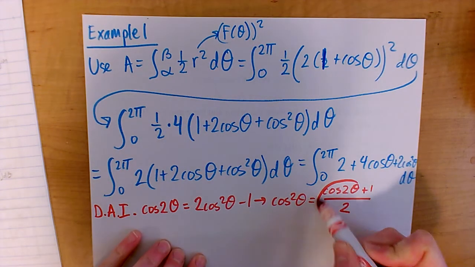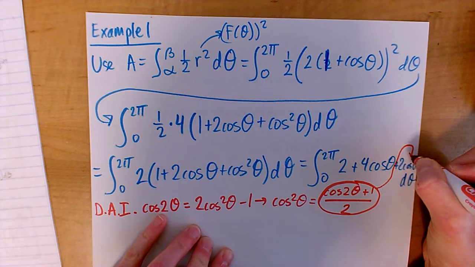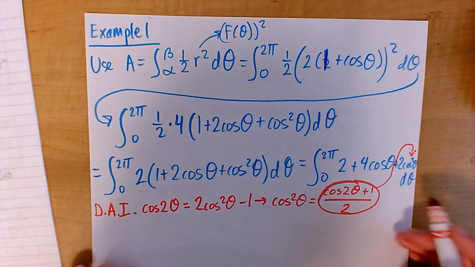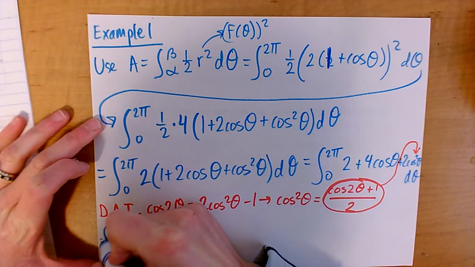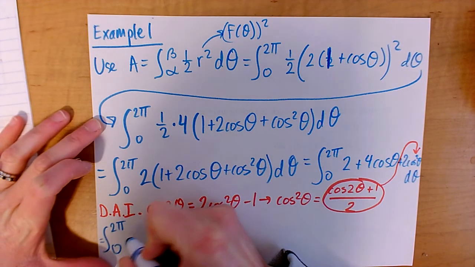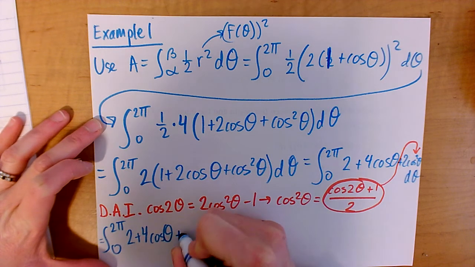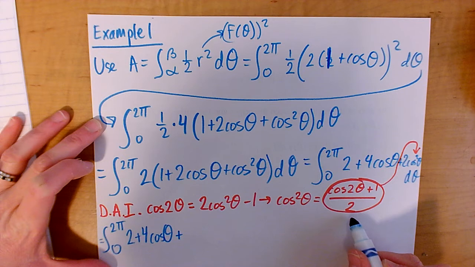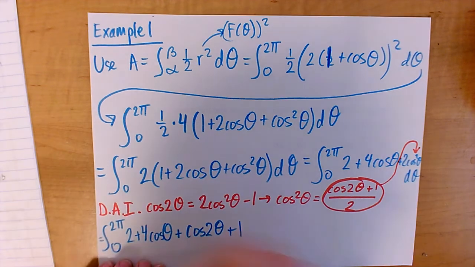Okay, so then what I can do here is take this and sub that in for this piece right here. And if this is divided by 2 and this is multiplied by 2 right here, those 2's are going to cancel. So then my next step, what I'll have is the integral from 0 to 2 pi of 2 plus 4 cosine theta plus, okay, so now this 2 cancels, and I'm subbing this identity, and then this 2 in the denominator cancels to get cosine 2 theta plus 1, right?